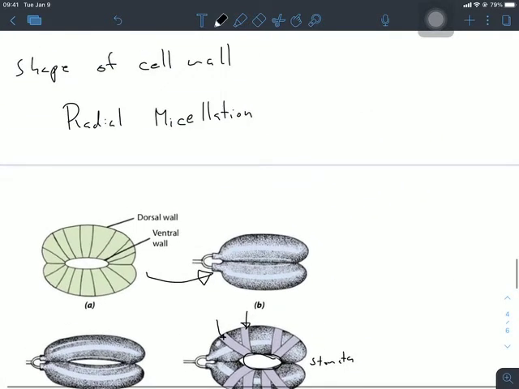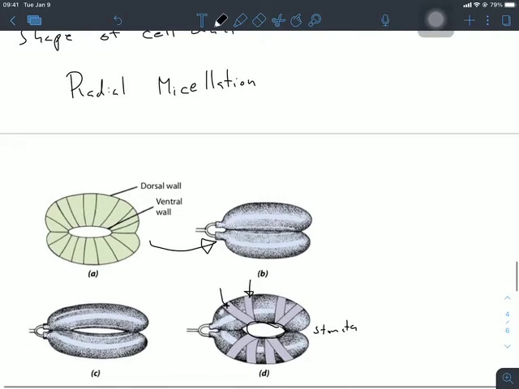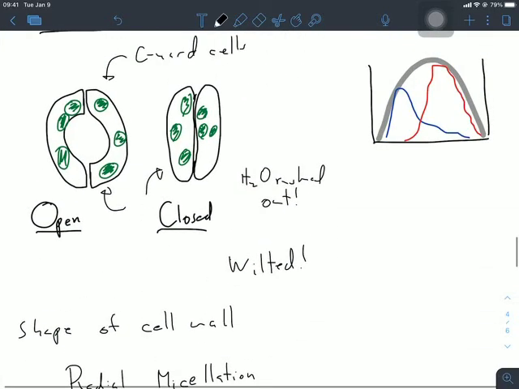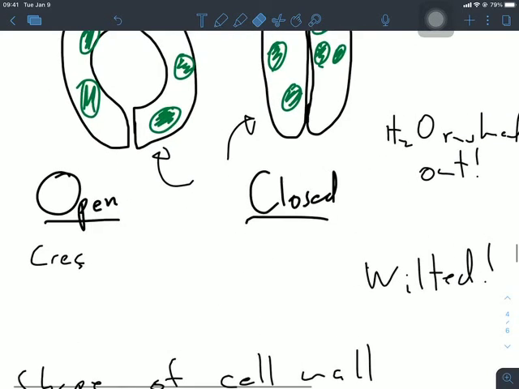So that's the radial micellation, the tape on the outside of a balloon that allows stomatal guard cells to be a crescent when open and a rectangle when closed.